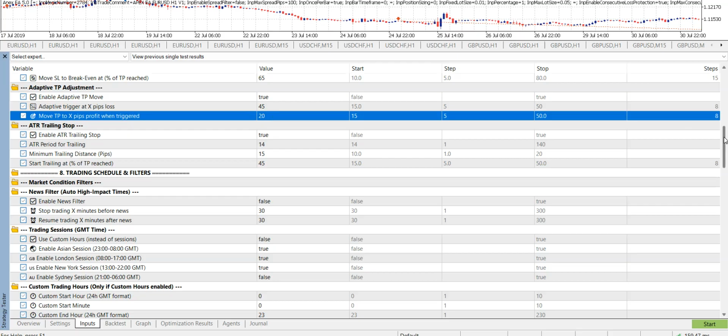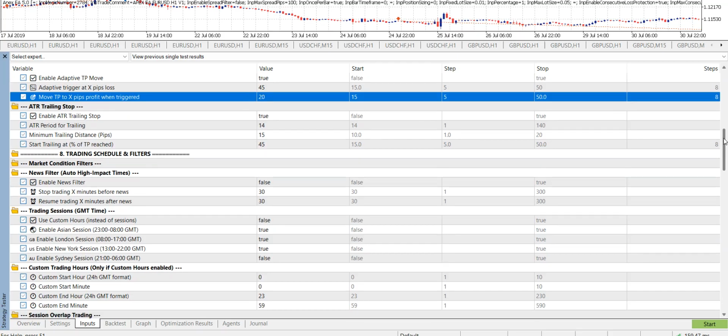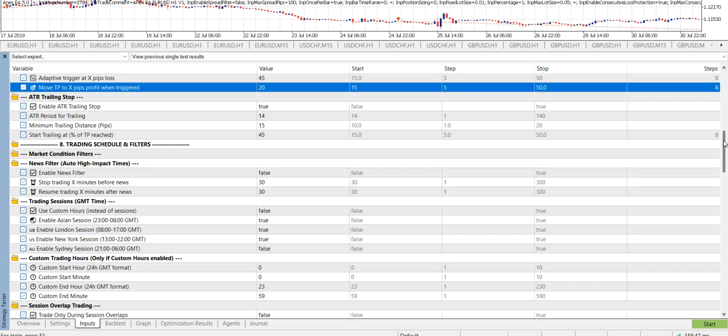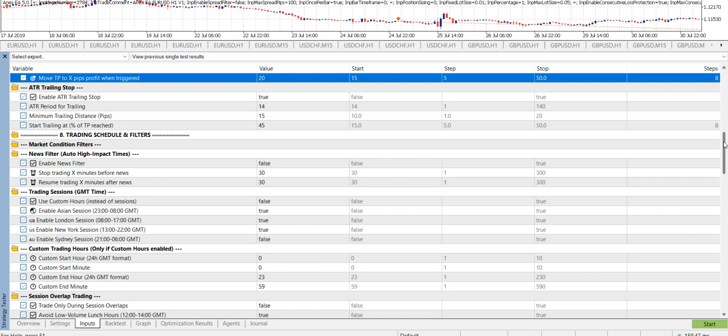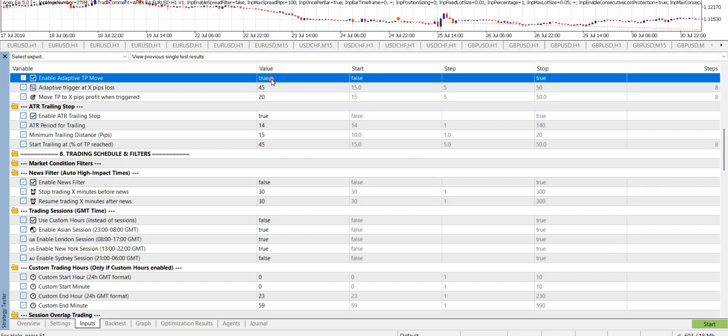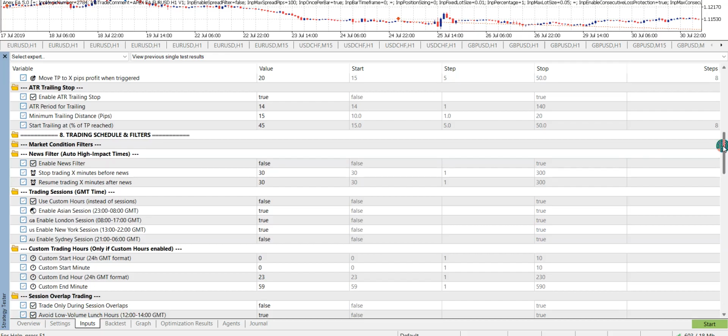So it is just another money management kind of dynamic exit tactic that is used by many advanced traders, and I haven't really seen it in retail EAs at all. So this is a feature that I really like, and it is working great, so I included it in this new structure as well.